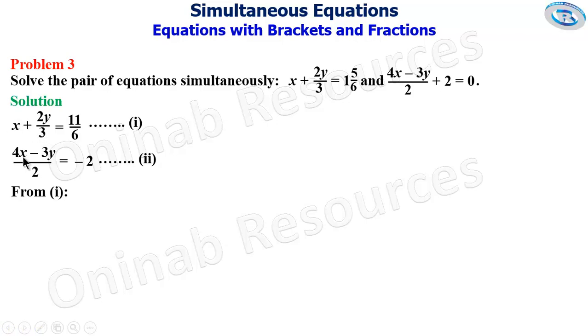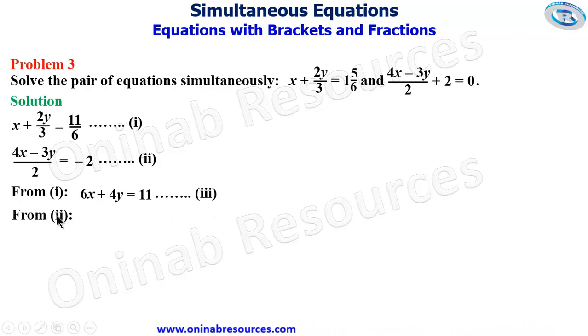So 6 times x gives 6x. 2y times 6 over 3 gives 4y and is equal to 11. I hope you know how we got 4y from here. If you multiply by 6, 6 divided by 3 gives 2. That 2 multiplied by 2y gives 4y. And we call this one equation 3.